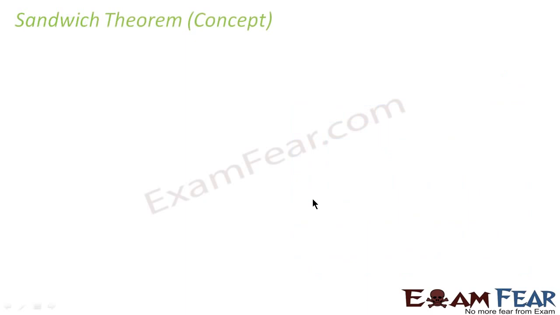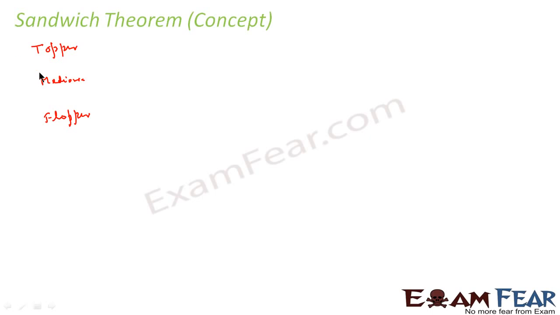Before we start the sandwich theorem, let me build a base for it. Let's take three students. Suppose one is a topper, one is mediocre, and the other is a flopper.